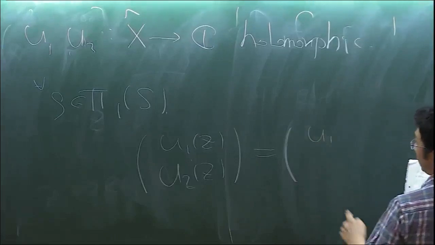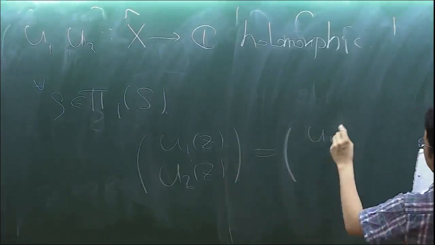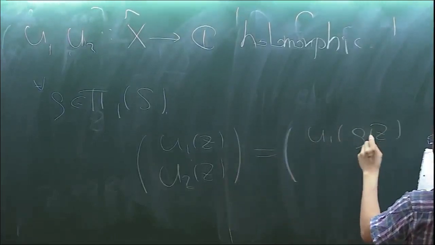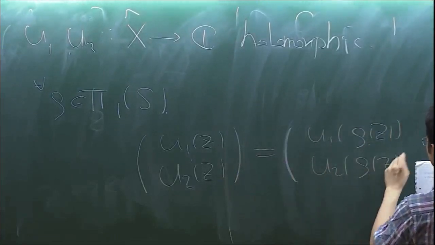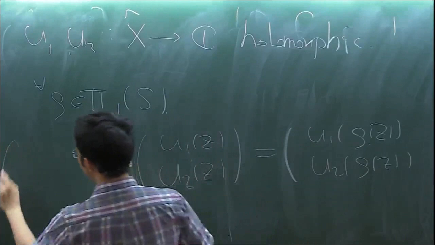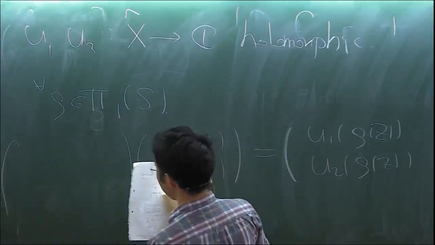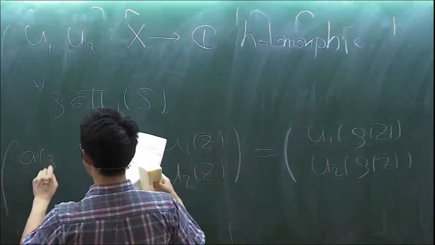And if you change this point by the deck transformation, we get a matrix here.